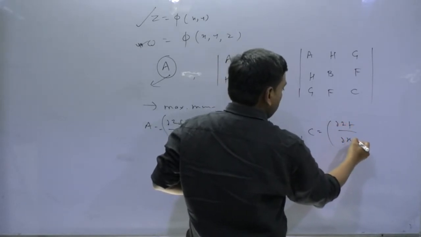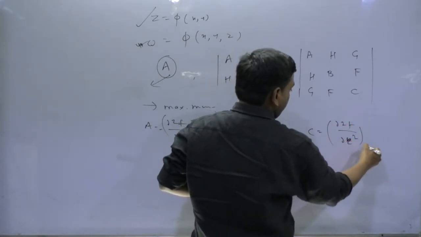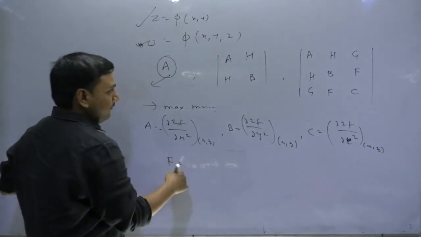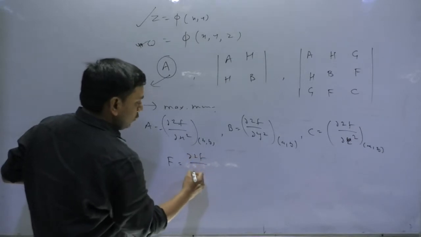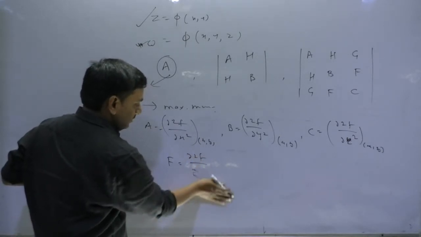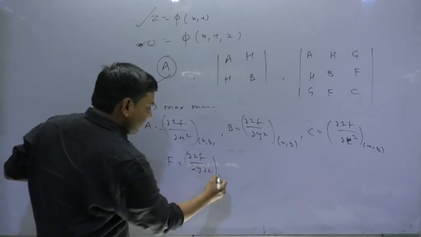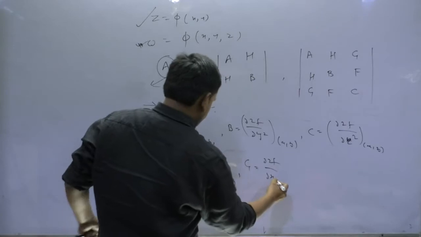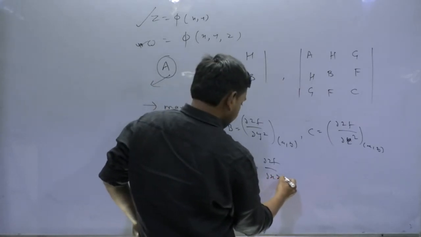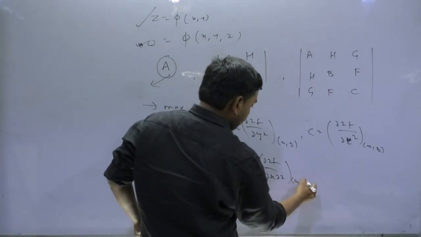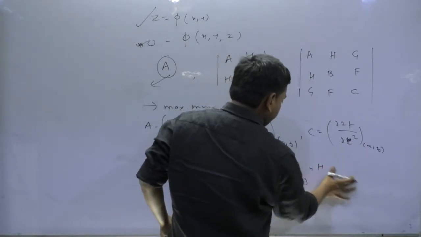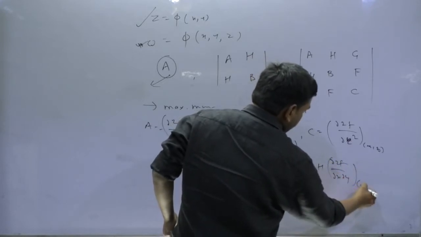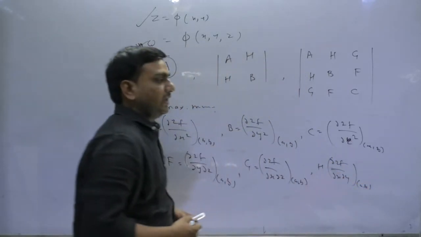C is ∂²f over ∂z² at the point (a, b). F is ∂²f over ∂y ∂z at the point (a, b). G is ∂²f over ∂x ∂z at the point (a, b), and H is ∂²f over ∂x ∂y at the point (a, b).